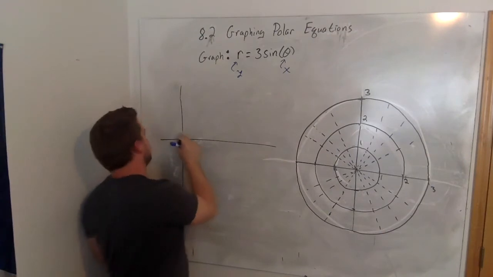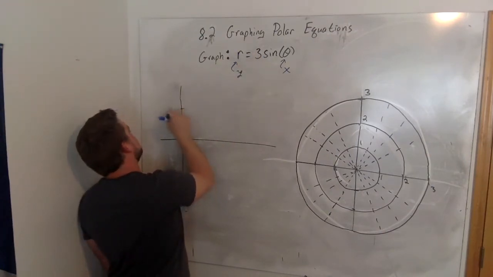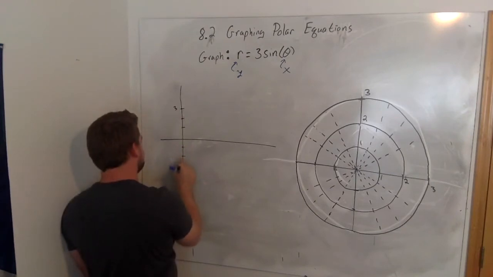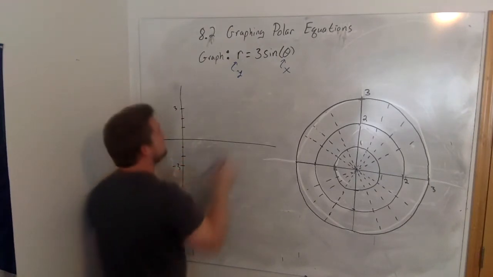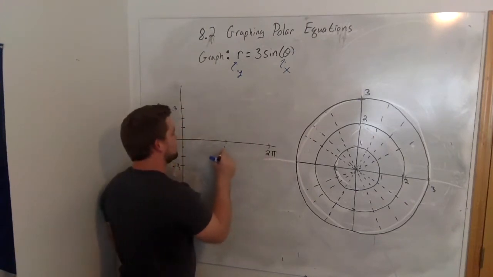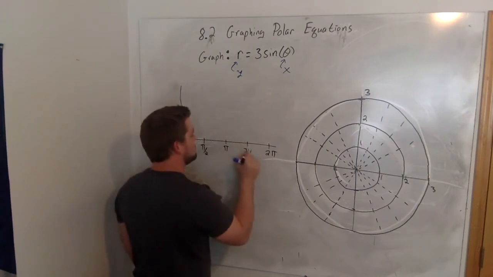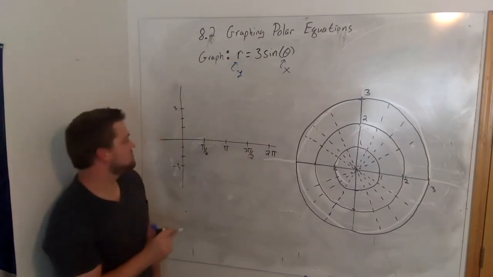Okay, so we have a radius of 3, or sorry, an amplitude of 3. So here's 3. Negative 3. The period is 2 pi. Okay, sine starts at equilibrium.